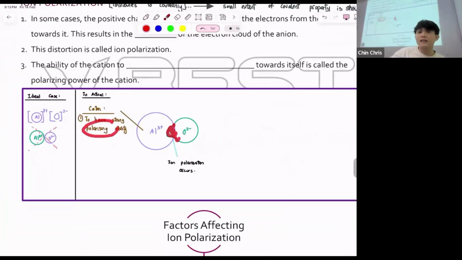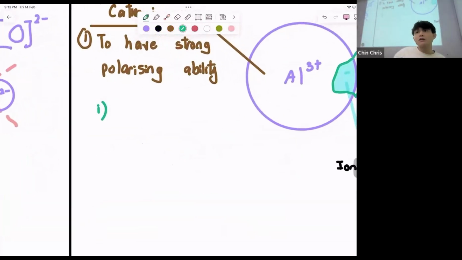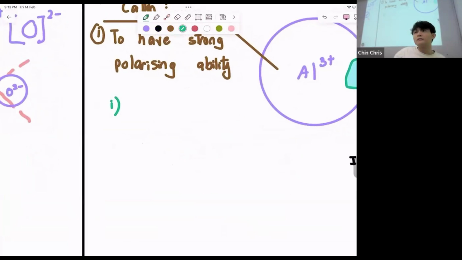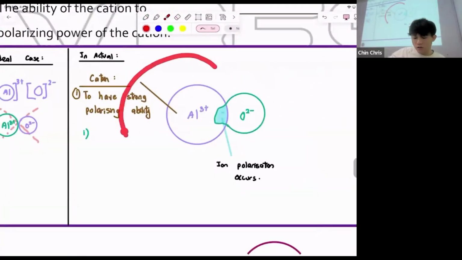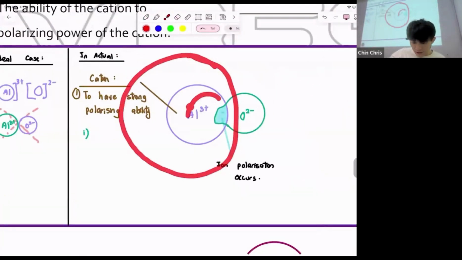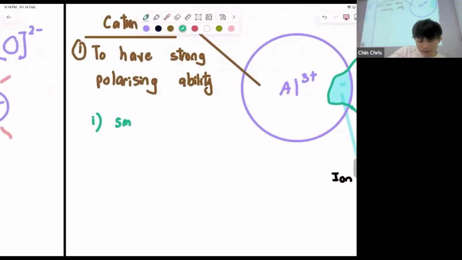So in order for them to have strong polarizing ability, their ionic radius must be small or big? For example, if you put a fat dude here compared to a skinny dude, which one is having a stronger polarizing ability? Smaller one, right? Because it's closer to the nucleus. So you must have a small ionic radius, understand?